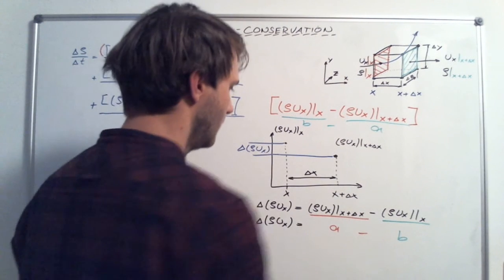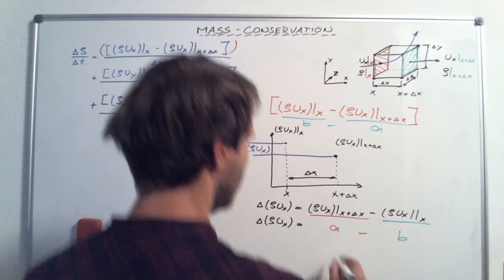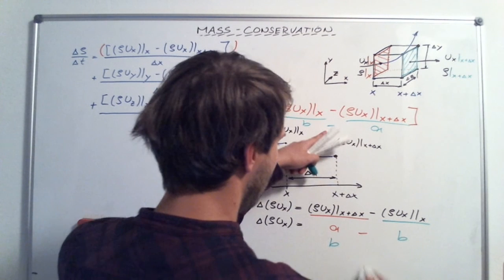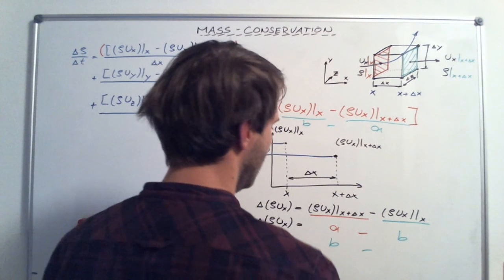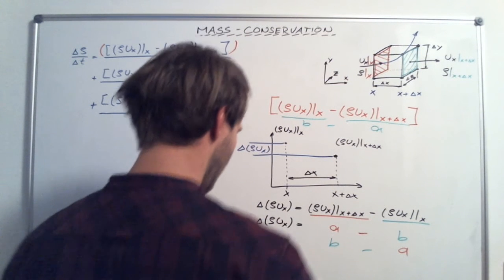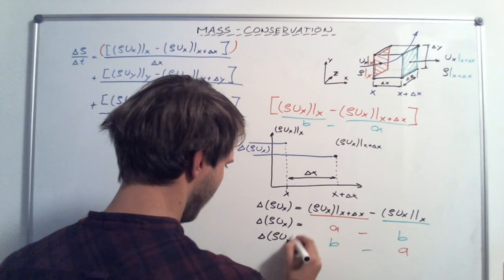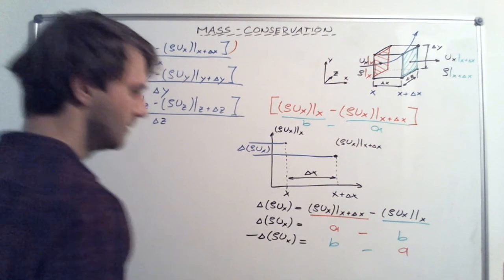So here it's direct vice versa. We have here b minus a. So you see what it is? It's finally the minus sign.